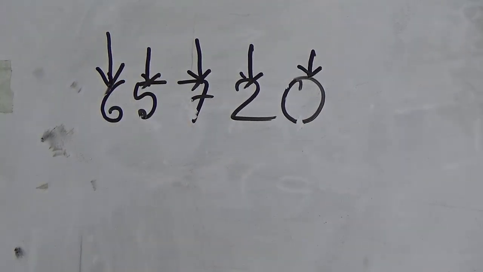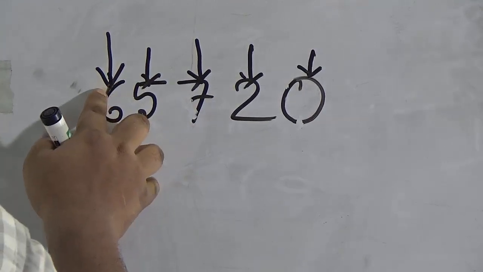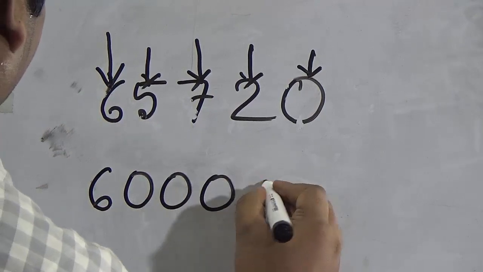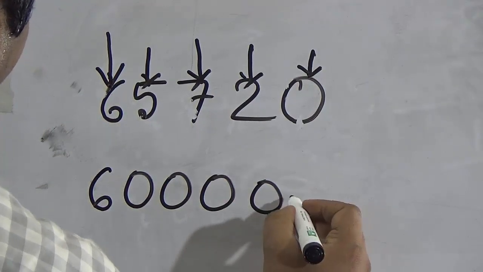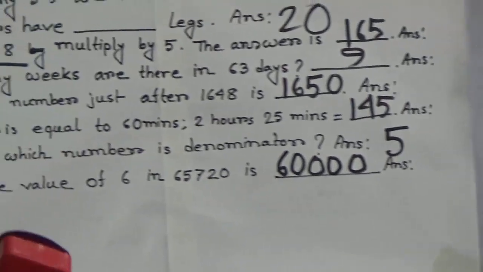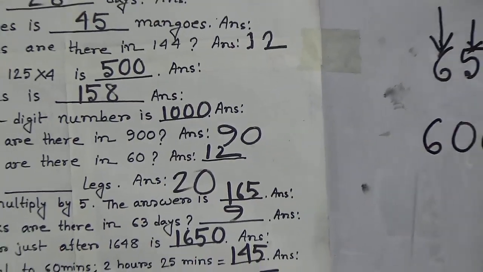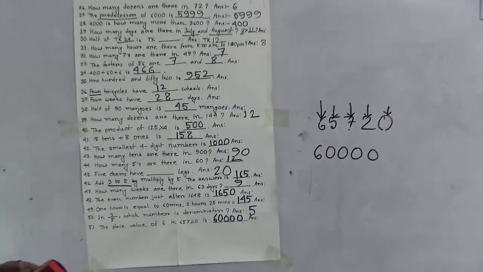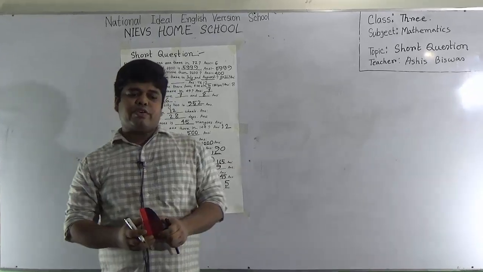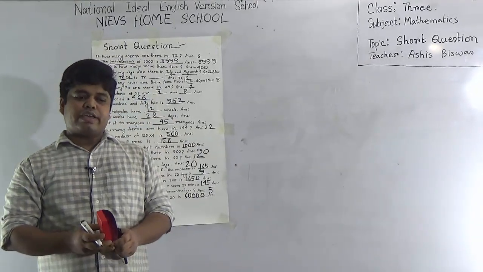So we can say the place value of 6 is 60,000. The place value of 6 in 65,720 is 60,000.